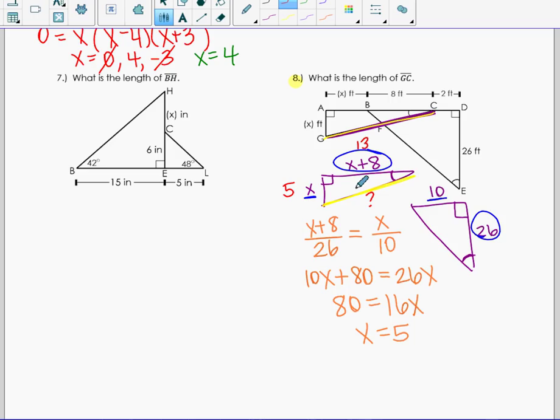We're looking for GC, which is this side right here. So you're going to have 5 squared plus 13 squared equals whatever GC is squared. So if you add together your 5 squared and your 13 squared, you get 194 equals GC squared.